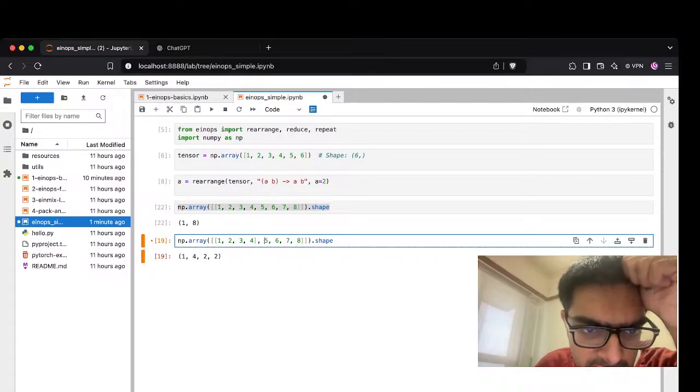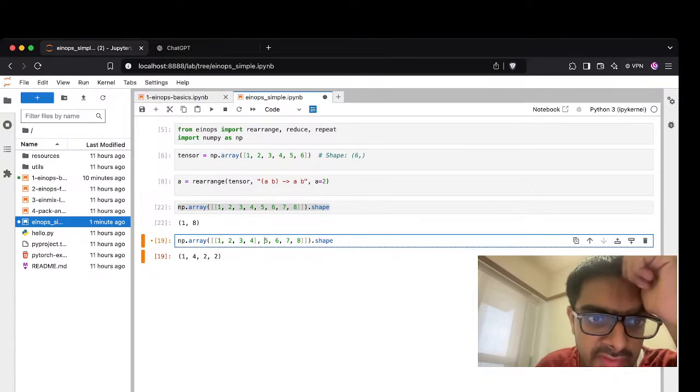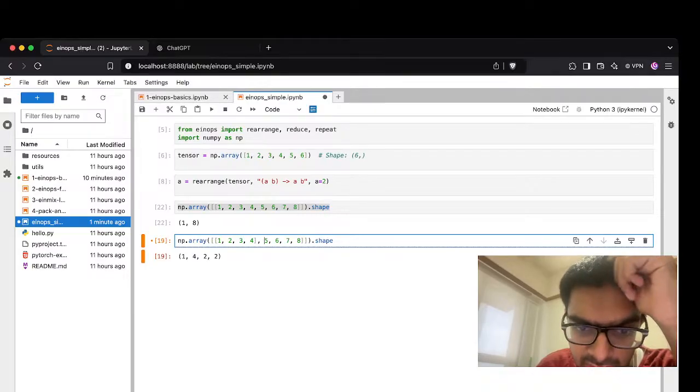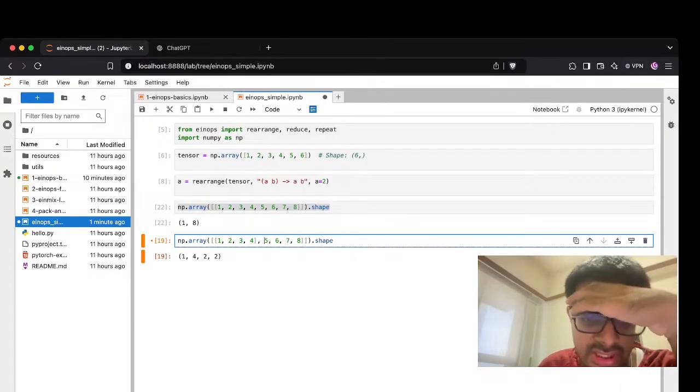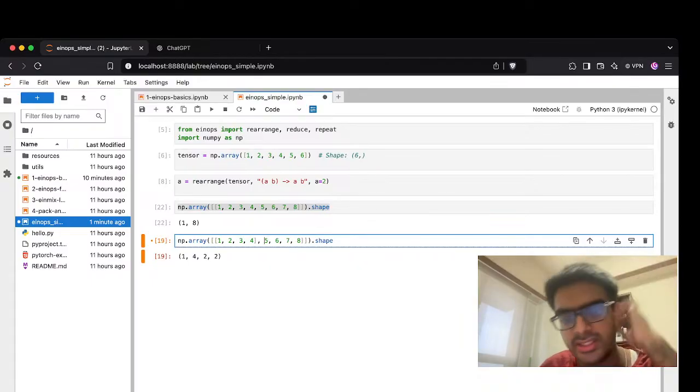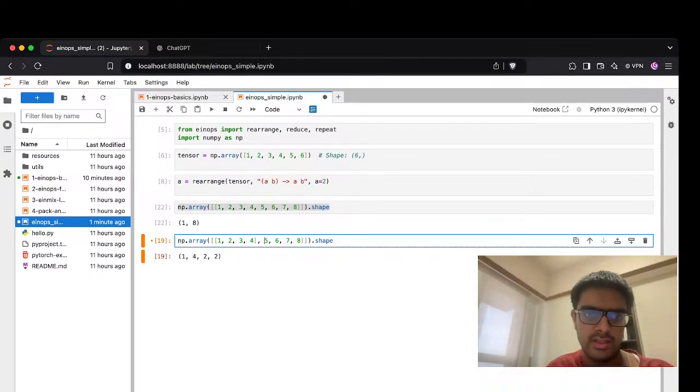Okay, we have this thing then. And it says we have an inhomogeneous shape after 1 dimensions. The detected shape was 4 plus inhomogeneous part.